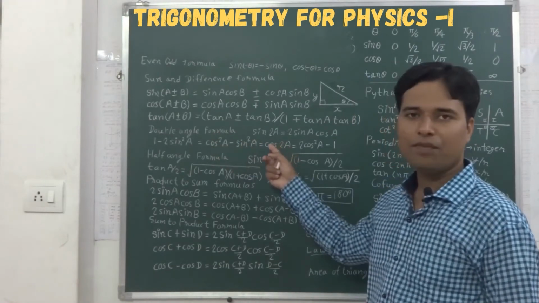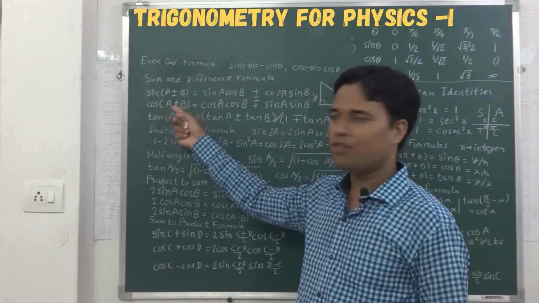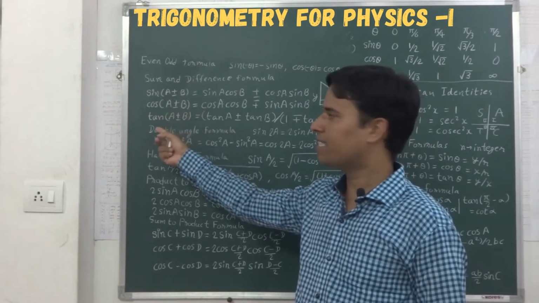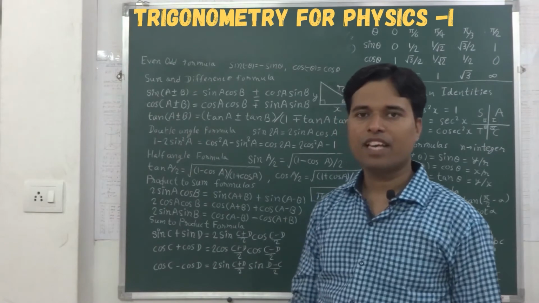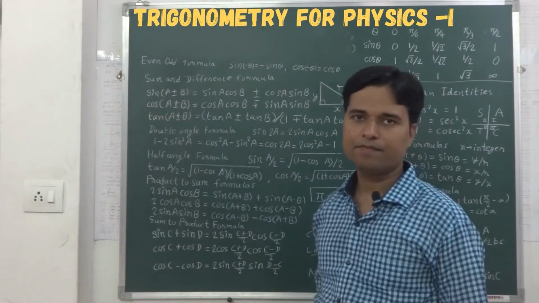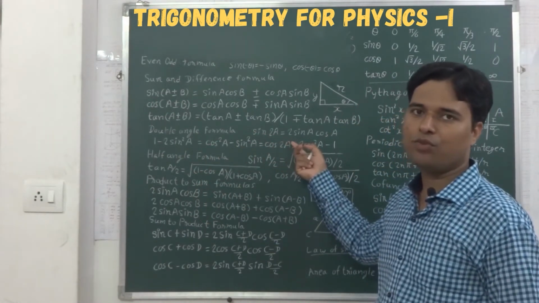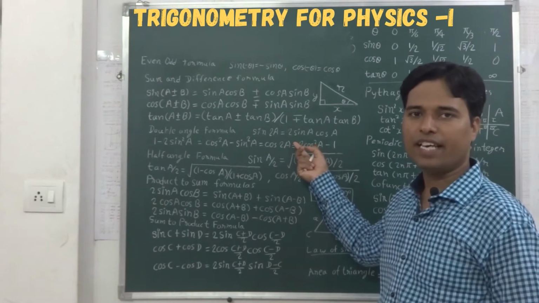For the double angle formula, you will use the sine of a plus b formula, cos of a plus b formula, tan of a plus b formula, and replace this b part with the same angle a, and you will get the formula sine of 2a is equal to 2 sine a cos a.